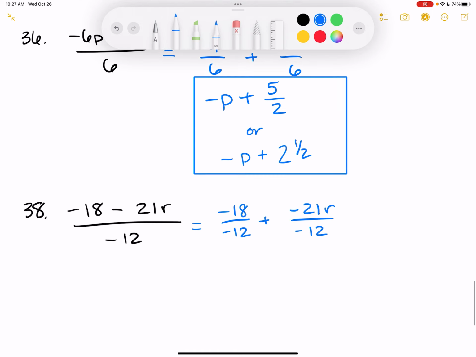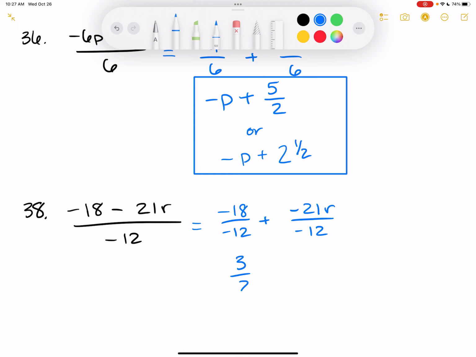So what would this one reduce down to? What number can go into both of those numbers? 2. Okay, is there anything bigger that can go into them? If not, we can do 6. Yep. So 18 divided by 6 is 3, and 12 divided by 6 is 2.